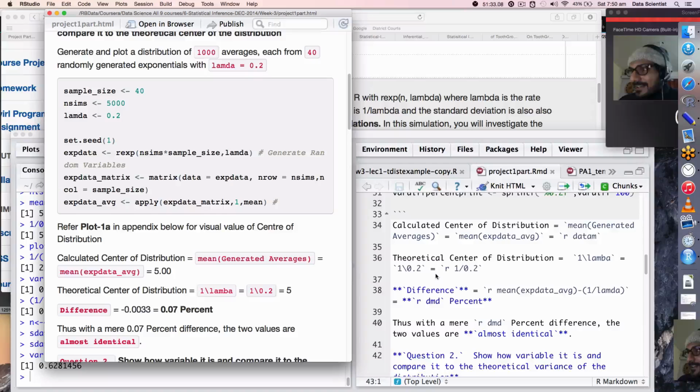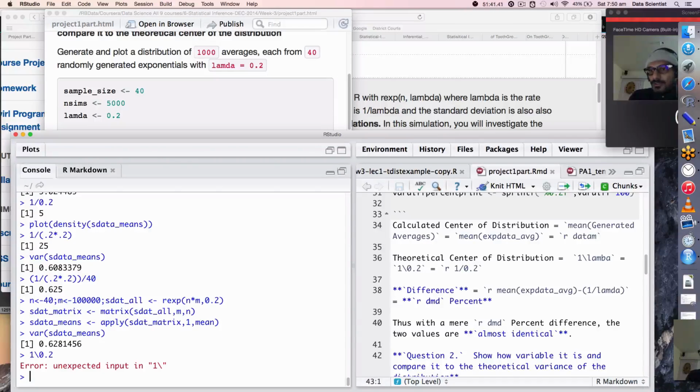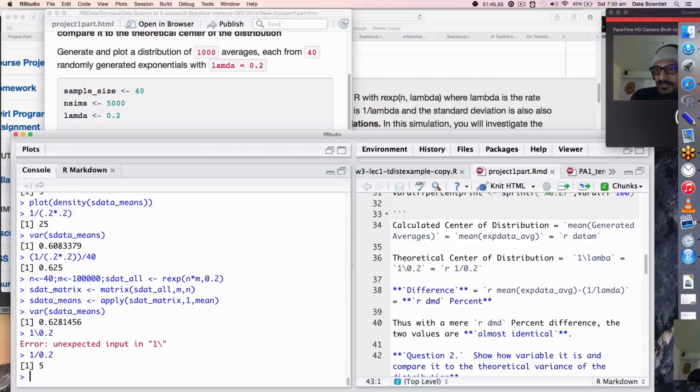Notice one thing here: in R, I can just say 1 divided by 0.2. This divided by is not this side, it is this side. Is this clear? Normally when you want to represent it you would use a backslash, but it's a forward slash. That's the difference, so you should be clear about which is the divided by sign.